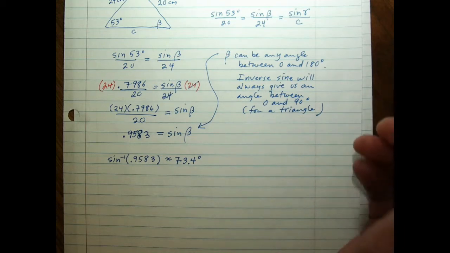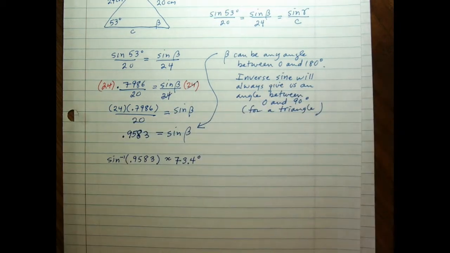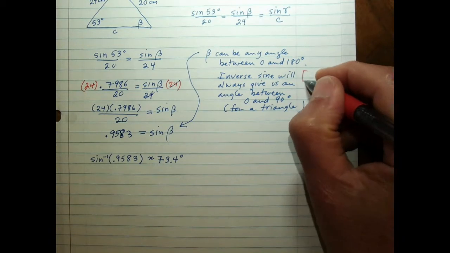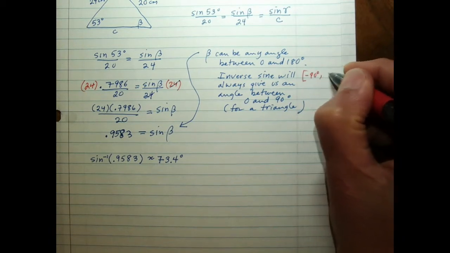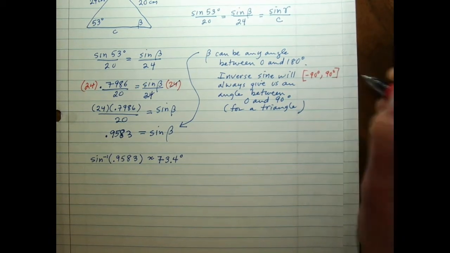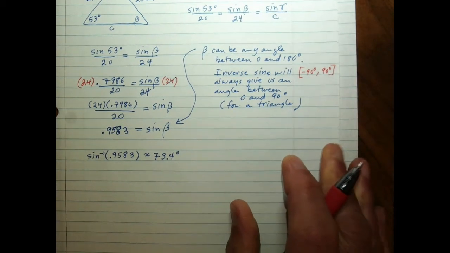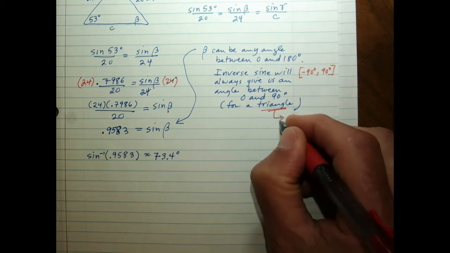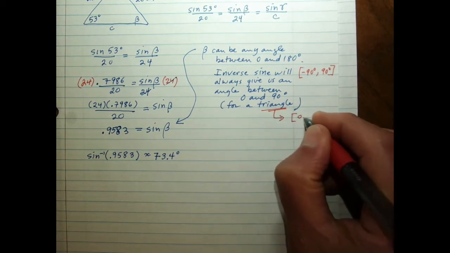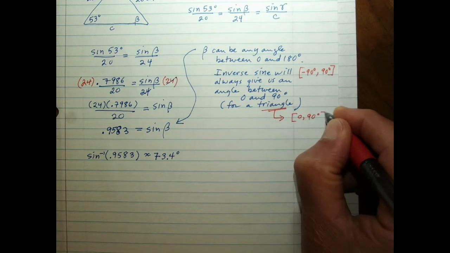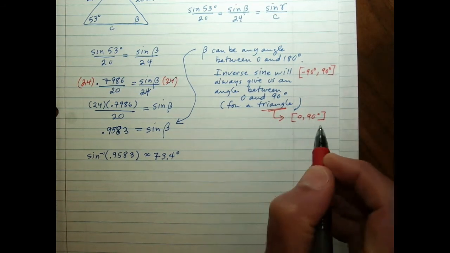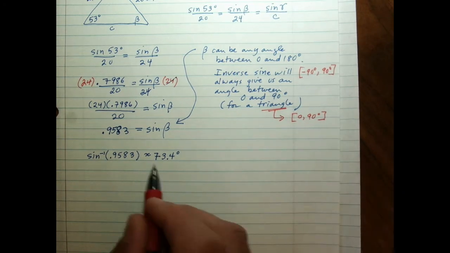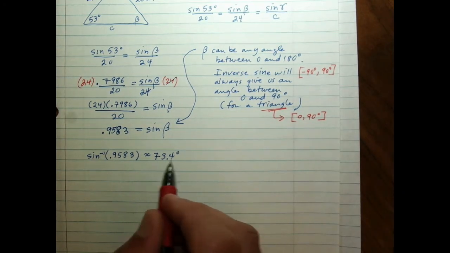But for a triangle, we're never going to get negative angle measure. So because we're dealing with a triangle, we're only going to be looking at angles between 0 and 90 degrees, and that's exactly what the inverse sine gave us.